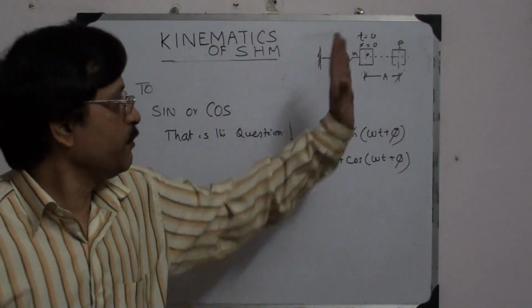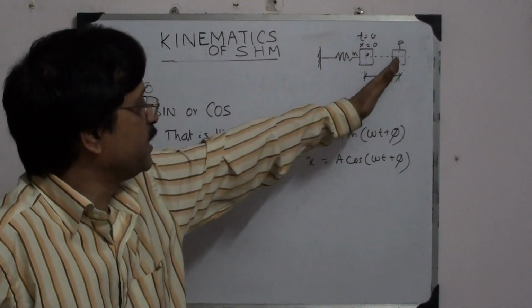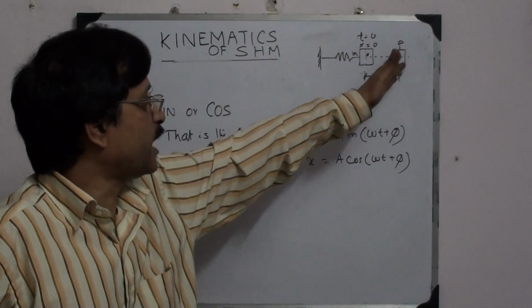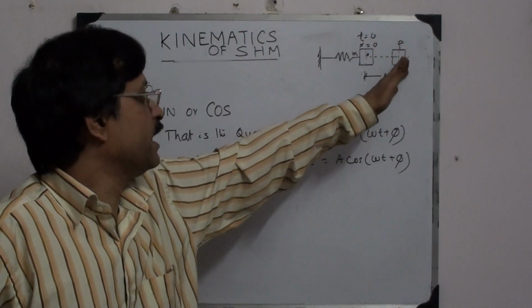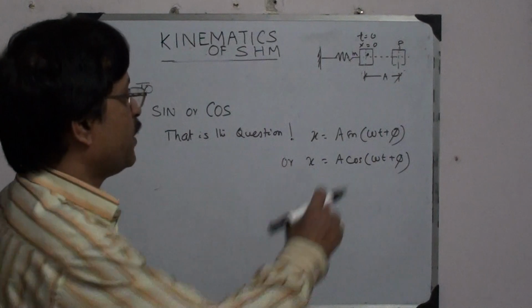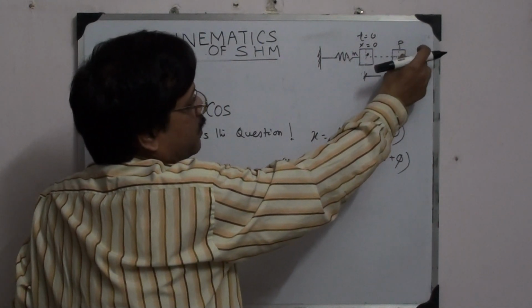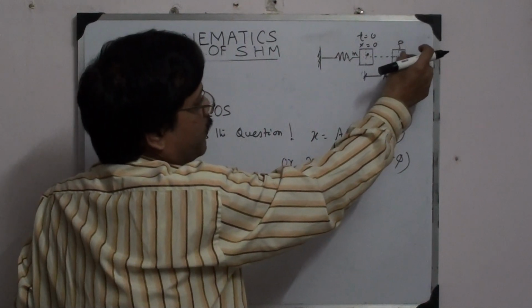But this same block spring system can be described by taking the starting time at the right extreme position. For example, I extend the spring here and then leave it here. I count my time from here.